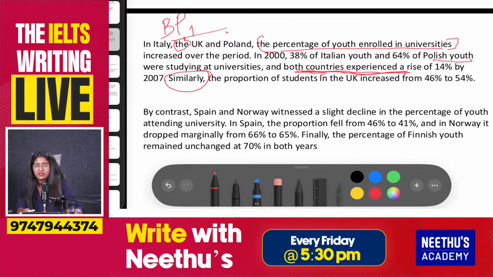So everywhere they're using the words the proportion of the students, percentage of the youth enrolled in university. These are the words they've used to talk about the youth, the proportion of the youth enrolled at universities. So I hope that's clear. Just go through it on your own. Just read it once more, and then I'll go to the next part.